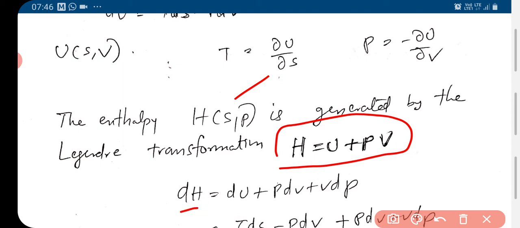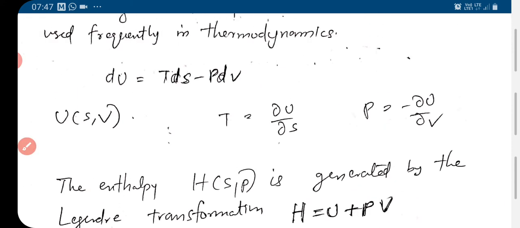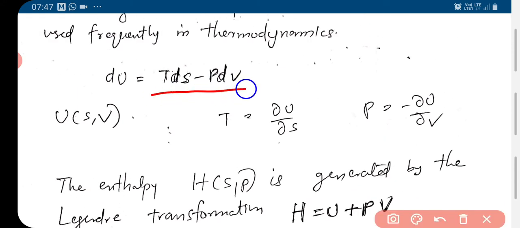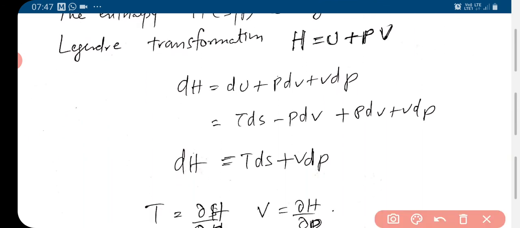When you take dH, you will have dU plus P dV plus V dP, as you apply the product rule. For dU we know it is TdS minus P dV, and the P dV terms cancel, and we have TdS plus V dP.